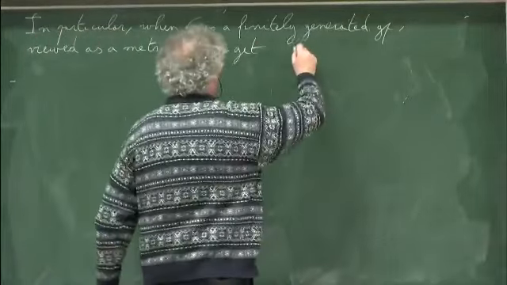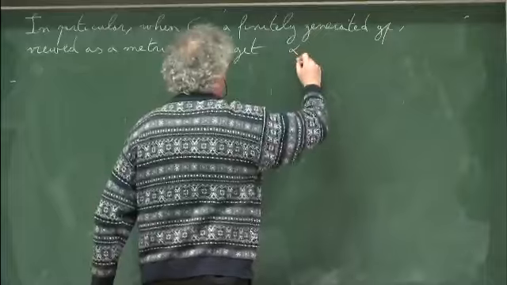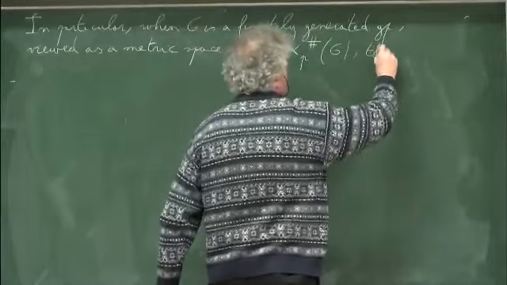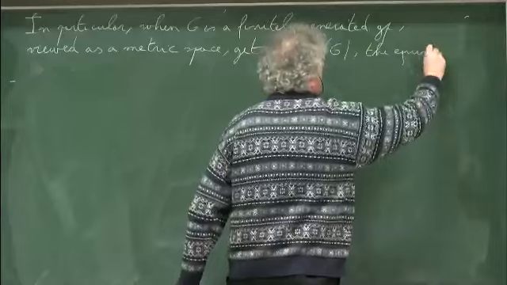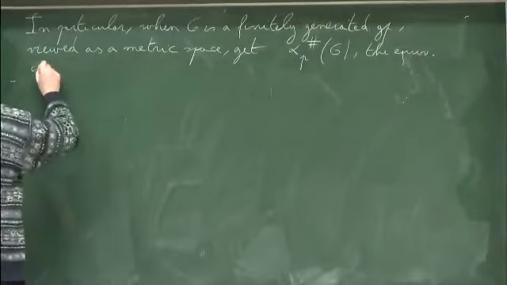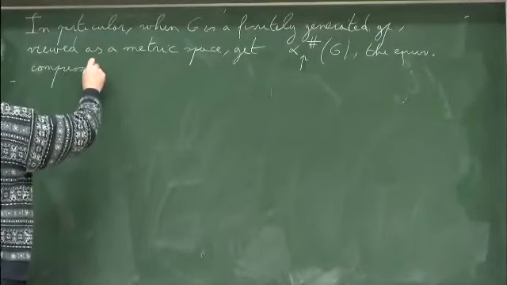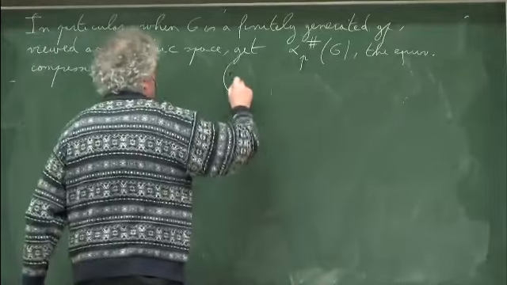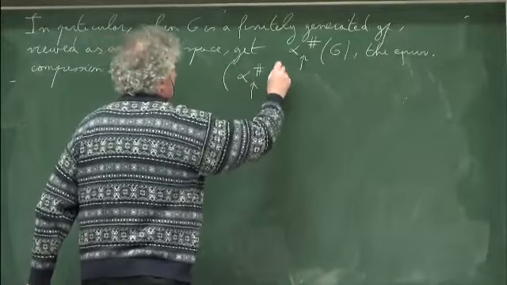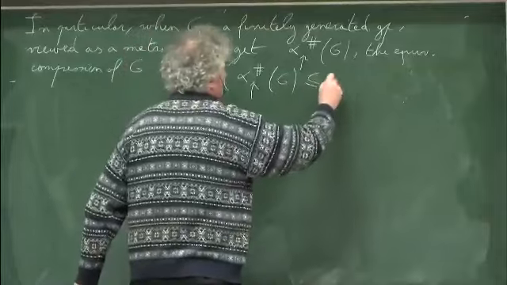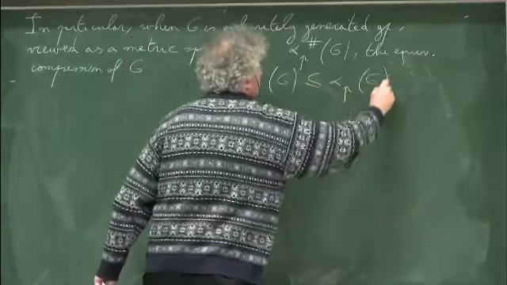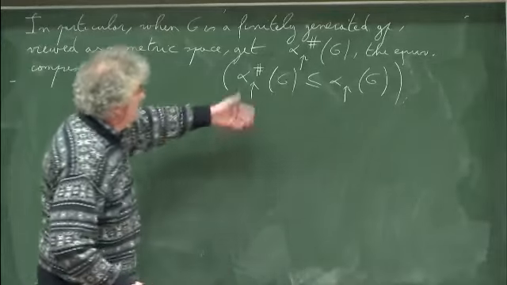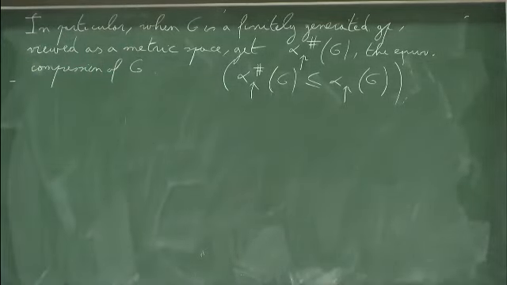And you get alpha sharp_p(G), the equivariant compression of G, with the obvious inequality that it will be smaller than the compression, the non-equivariant compression, because there are fewer equivariant maps than usual maps.